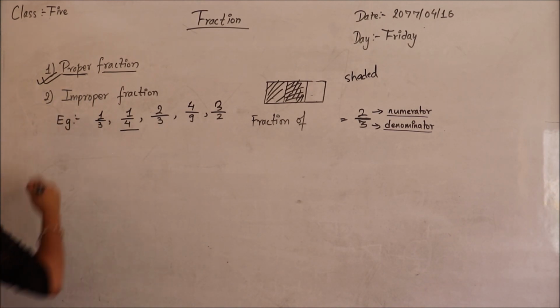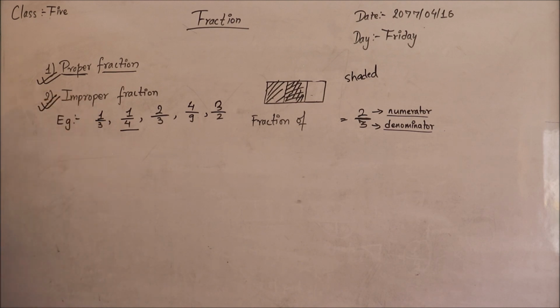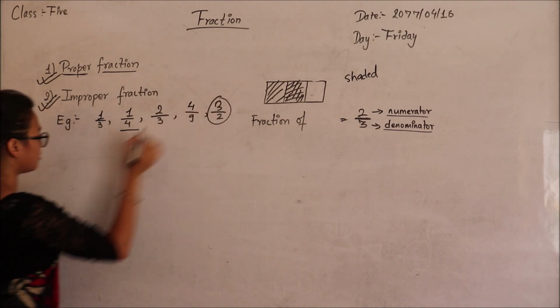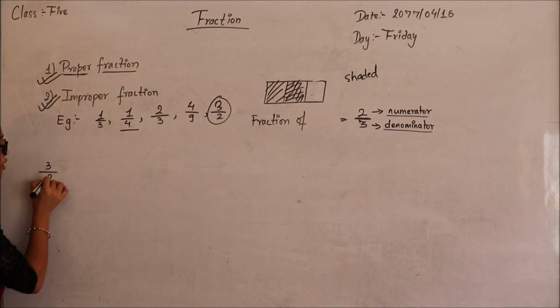Now, second is improper fraction. What is improper fraction? Let's take this example, 3/2.